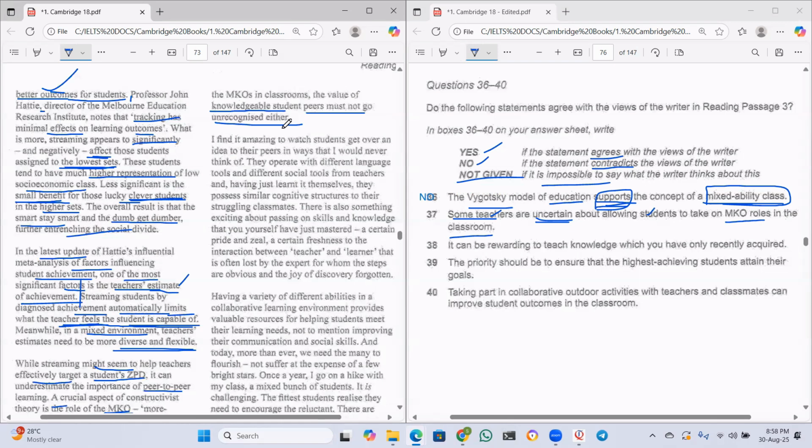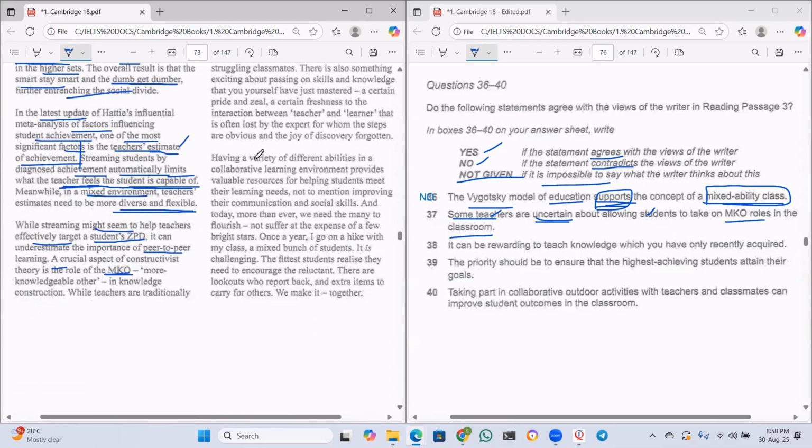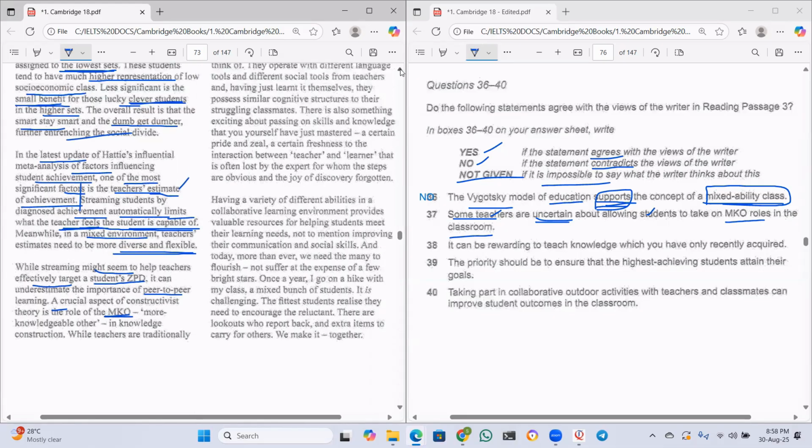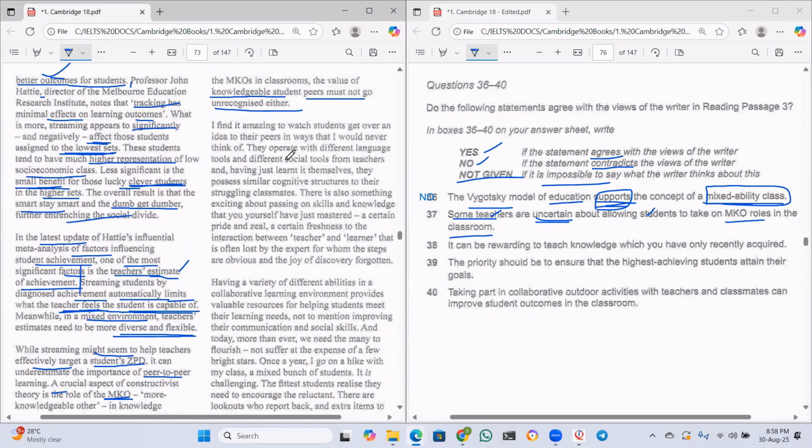Okay. I think we'll read this second paragraph as well. Did we find that some teachers are uncertain about allowing students? I think we'll find out soon. We have to read this one also. I find it amazing to watch students get over an idea to their peers in ways that I would never think of.